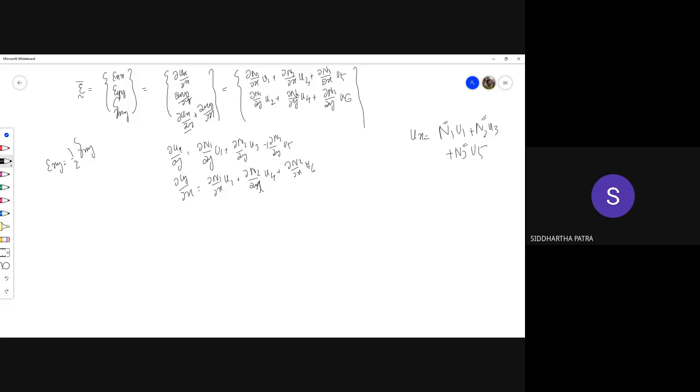So eventually your strain vector in Voigt notation would look something like this.